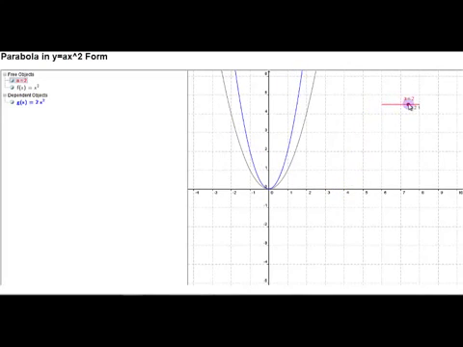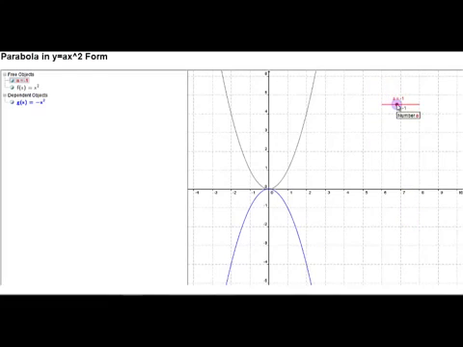If we move it to a negative number, let's say -1, then it's the same width and shape as the original gray parabola, but it's upside down. So when we have a negative value for a, -x squared, then it's going to be opening down.